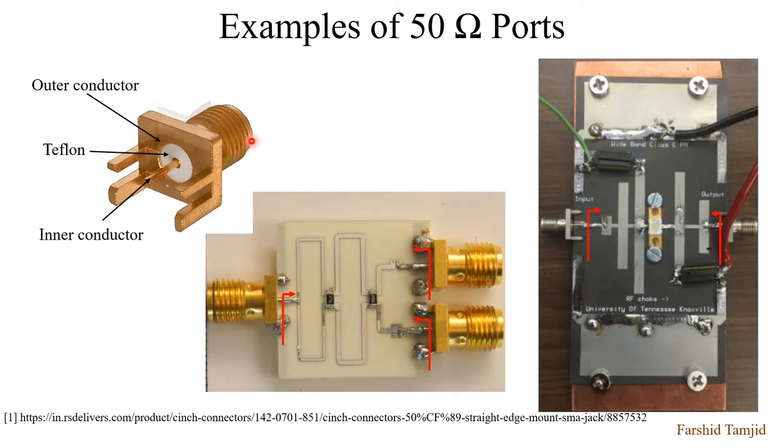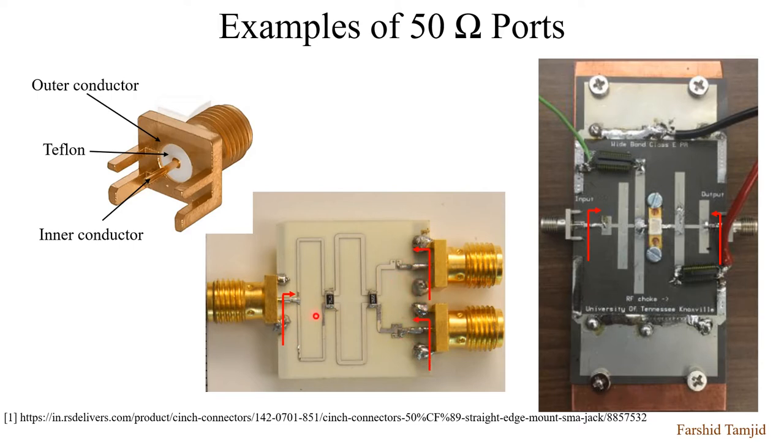Okay, now we have a circuit. Assume this is the board, and how do we measure it? We need some ports like this one and this one, SMA connectors, to connect to our circuit so we can measure. We said the input and output of our circuit is 50 ohm.